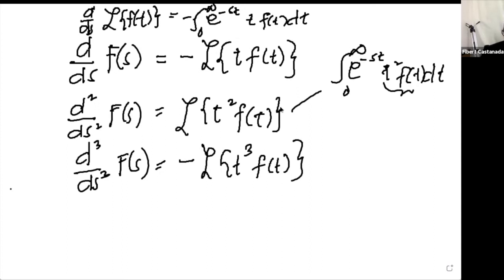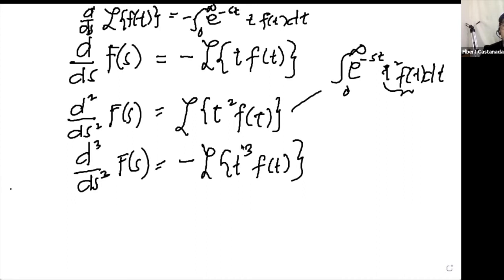So what have you noticed? For first differentiation of the Laplace transform, it became negative, right? May negative factor ka. And then for the second time, it became positive, but you have t squared now. For the third time, negative again. If you try to differentiate again for the fourth time, so multiplied by negative t, it will become positive t raised to 4.